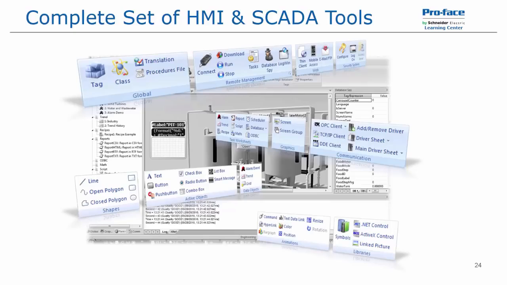We have animation. We have linked or pre-configured symbols. We have ActiveX and .NET. We have basic shapes and active objects. We have a trend graph. We can create classes. There are several different functions and features in here that in other pieces of software you would have to purchase and add on in order to receive that functionality.